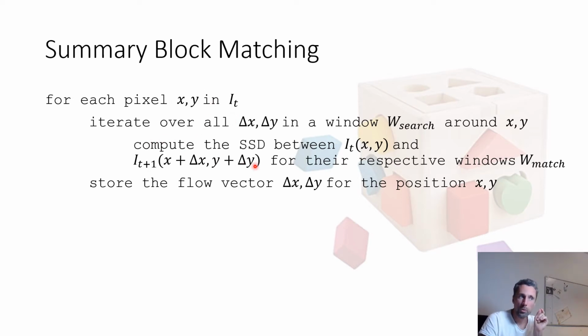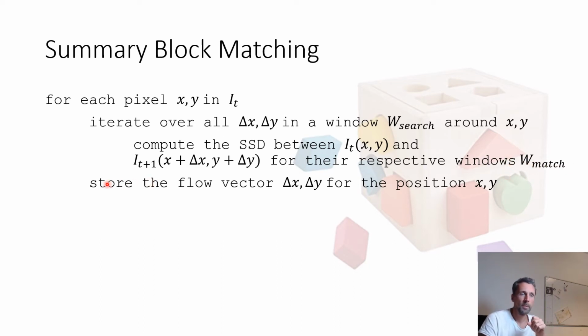We compute, for example, your metric, maybe SSD, maybe something else, between your source image at location x, y and your future image at location x plus delta x and y plus delta y, and we use respective match windows, W match.